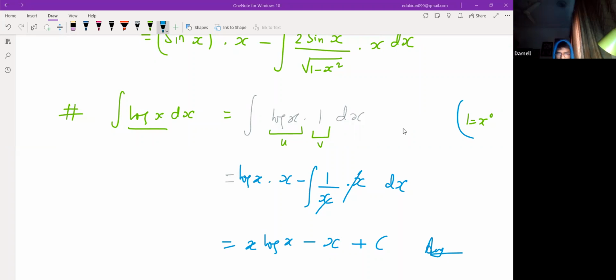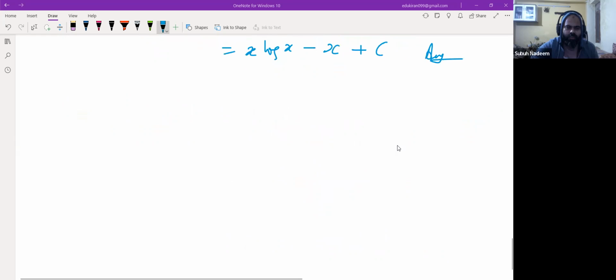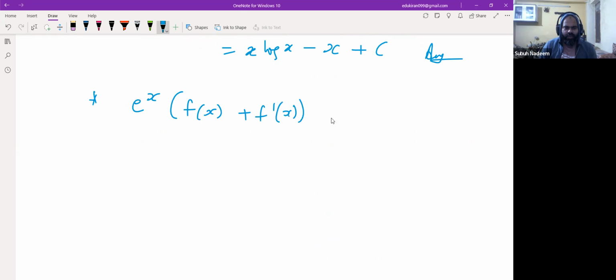Okay. Now, one more thing which is important here: if you see questions from 16 onwards, most of the questions are based on a concept that the integral of e to the power x into fx plus f dash x dx is equal to e to the power x fx plus c.